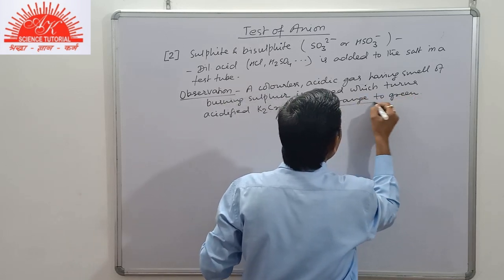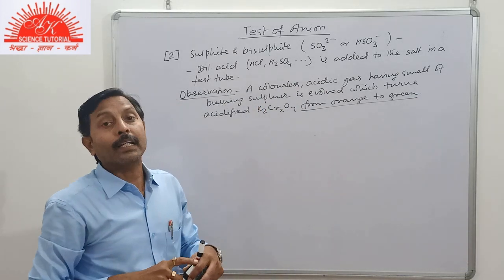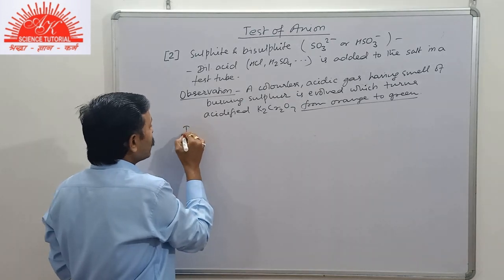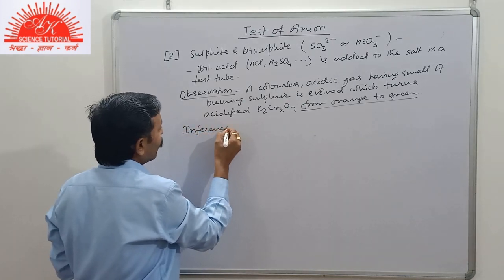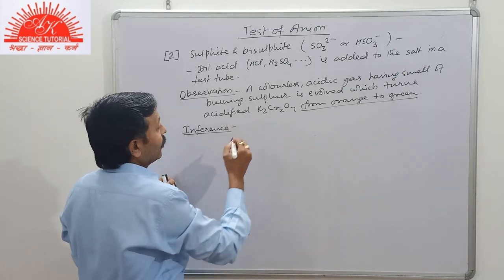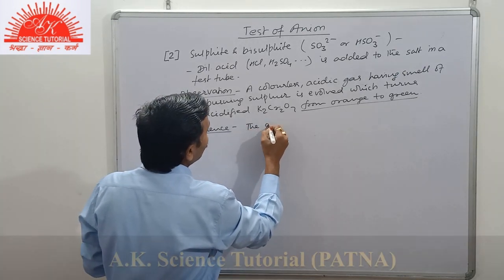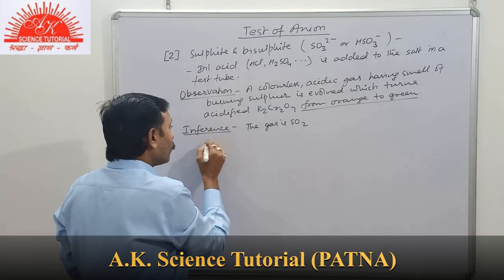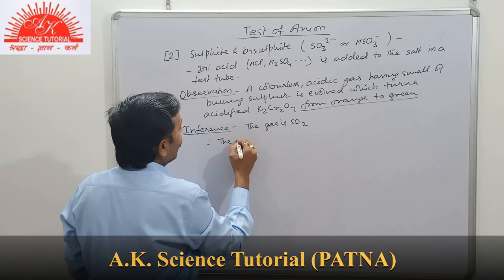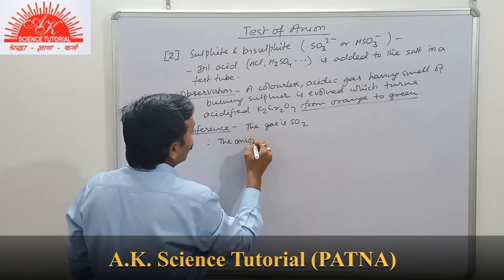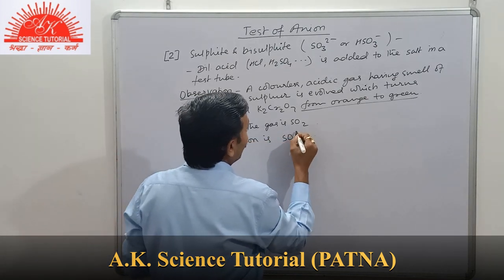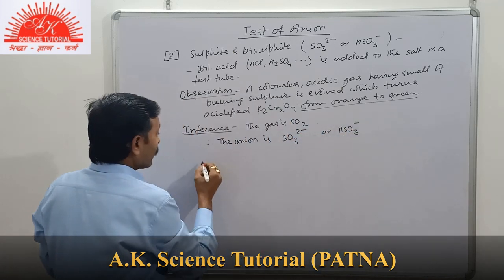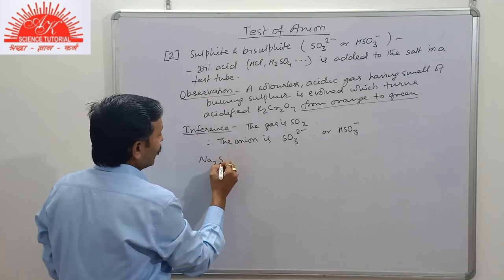Now, this was the test for SO2 gas, means now it is clear to us what is the gas produced. Now, inference or conclusion, the result, the gas is SO2. Therefore, the anion is sulfite or bisulfite.